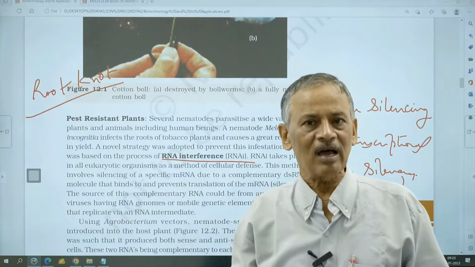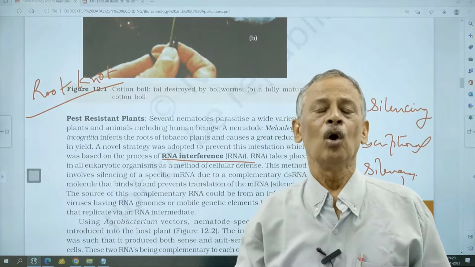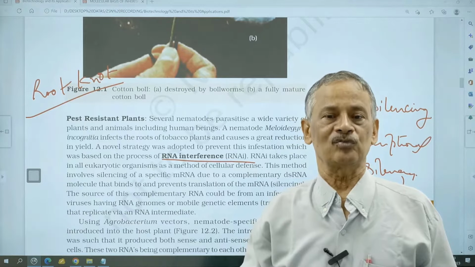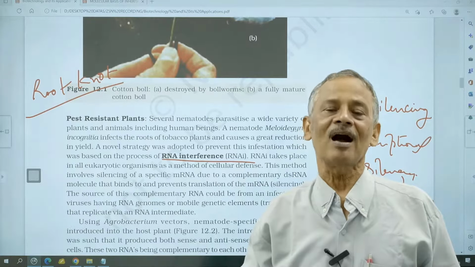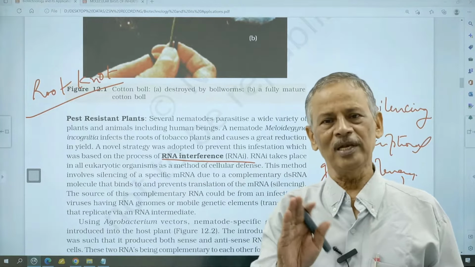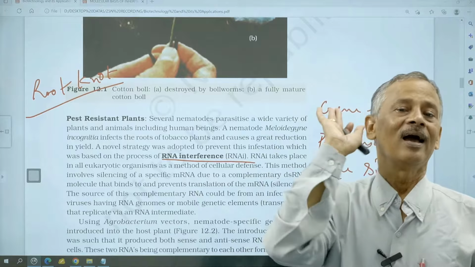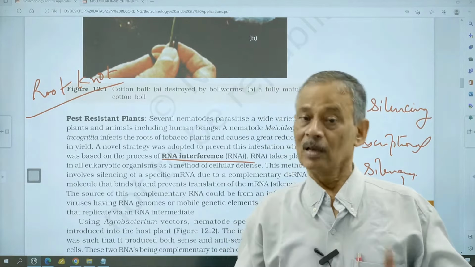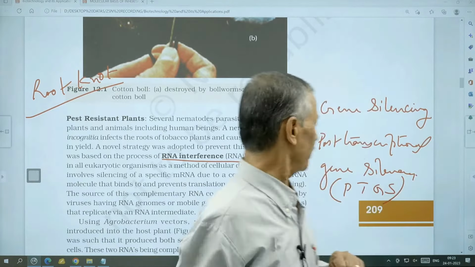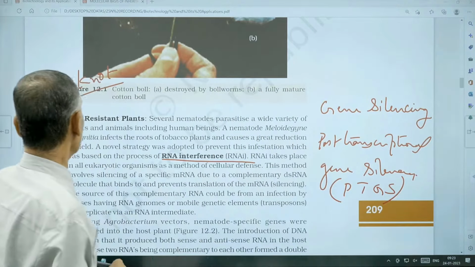That intracellular defense mechanism of eukaryotes is the RNAi. Normally, in our body, there will be no double-stranded RNA produced. But a double-stranded RNA can be produced on 3 occasions.